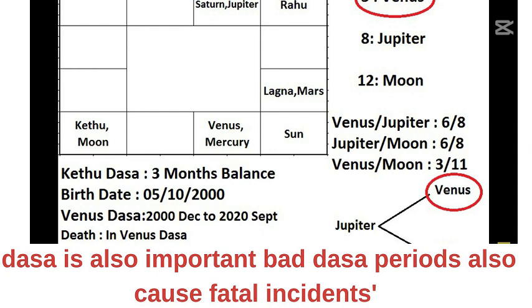If there is a bad dasa period, a bad planet in the 8th house, or the lord of the 8th house is bad, that will cause fatal periods.